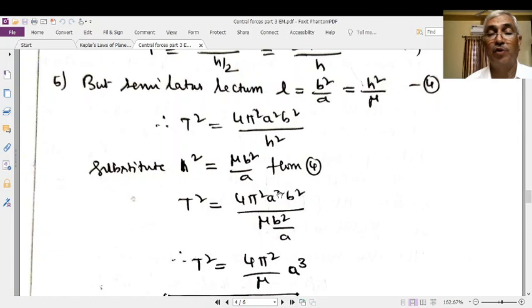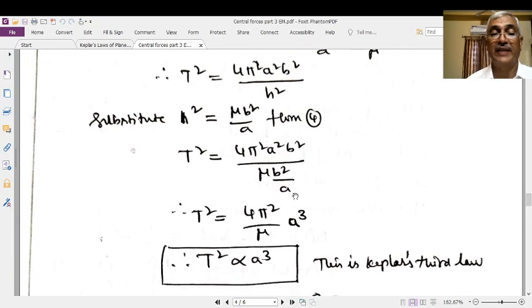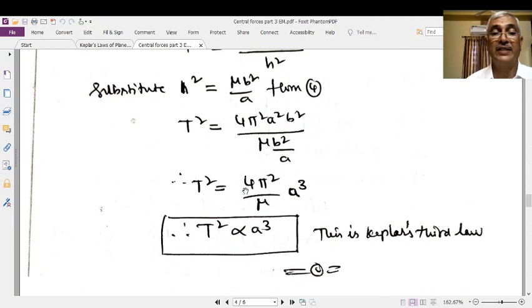This a goes to the numerator, b square cancels, and ultimately you will get T square is equal to 4 pi square by mu into a cube. Mu is equal to GM. G is the universal gravitational constant. Capital M is the mass of the sun. These two are constants. Mu is a constant, and 4 pi square by mu is a constant.